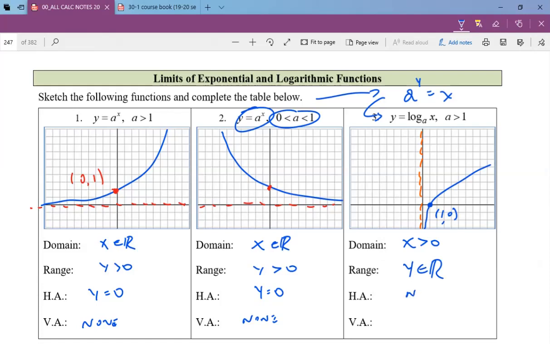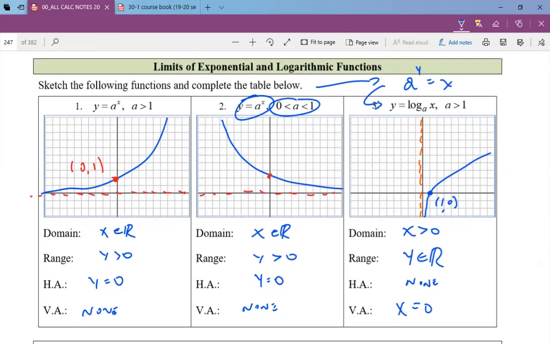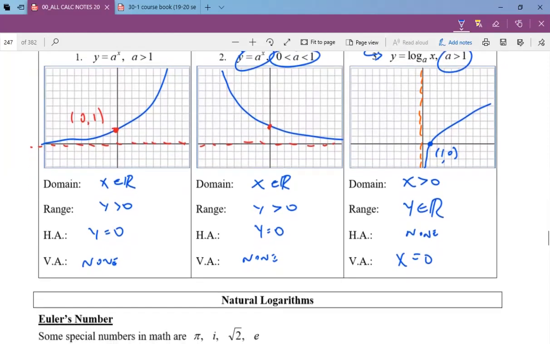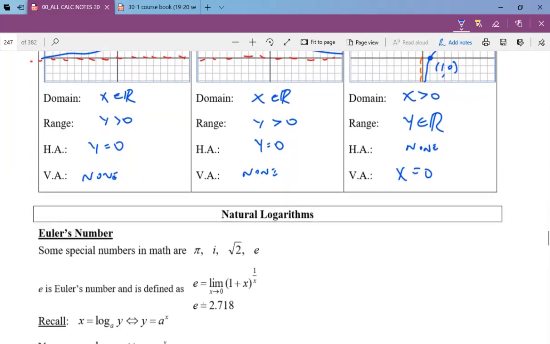Horizontal asymptote, no, and our vertical asymptote is x equals 0. All of this can be described by the fact that your x becomes your y and your y becomes your x. Those two variables swap places when you take your inverse, and this is how it's expressed. This is what it looks like when a is greater than 1, when the base of the logarithm is a number greater than 1.